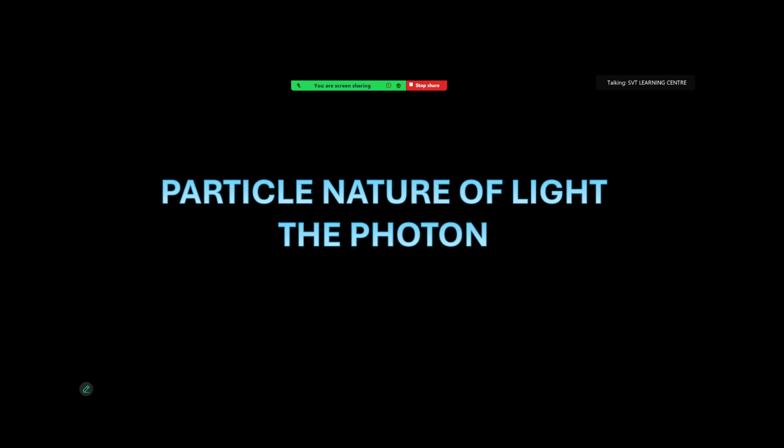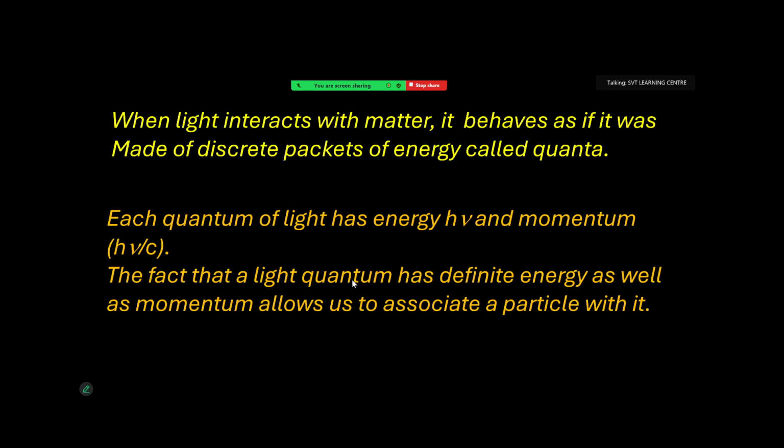With this we come to the final conclusion, the particle nature of light. That means we say light happens as a stream of particles. Rather than particles we can call them energy packets, and these particles are called photons. So when light interacts with matter, it behaves as if it is made up of discrete packets of energy called quanta. A singular packet is called a quantum, and the plural form is quanta.